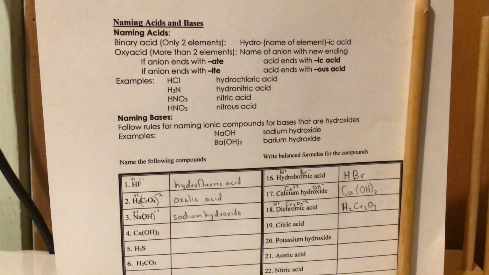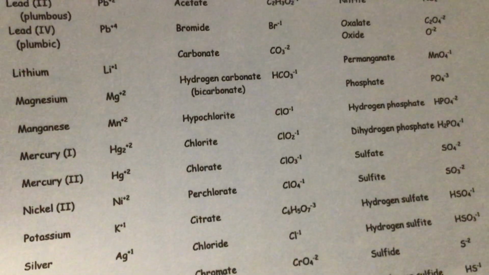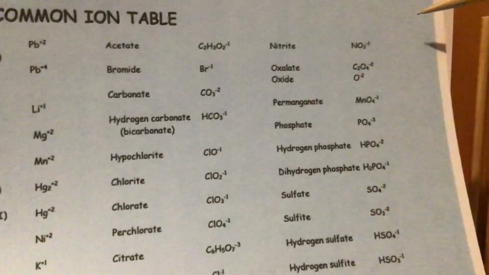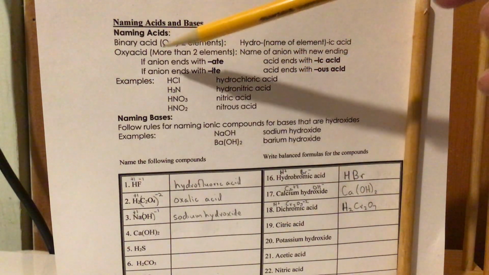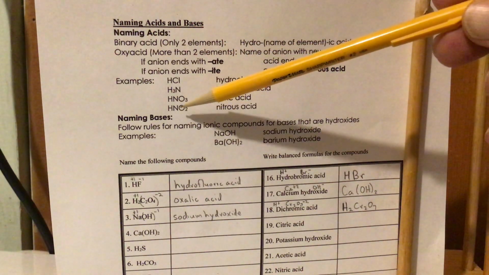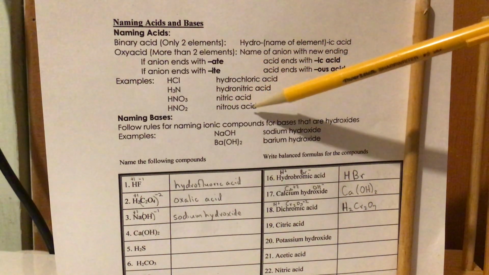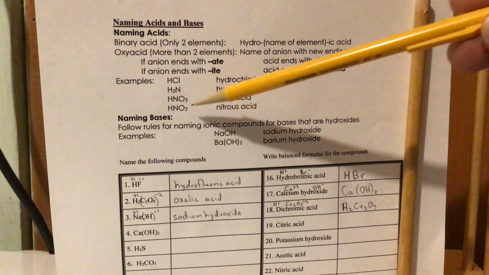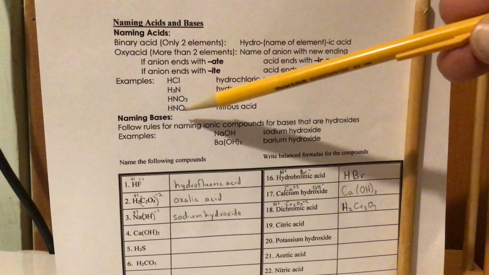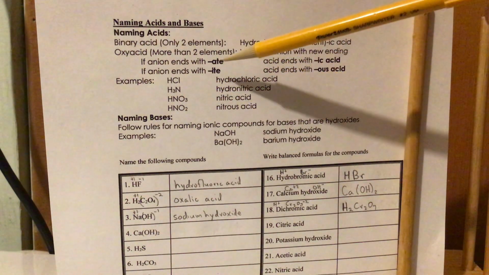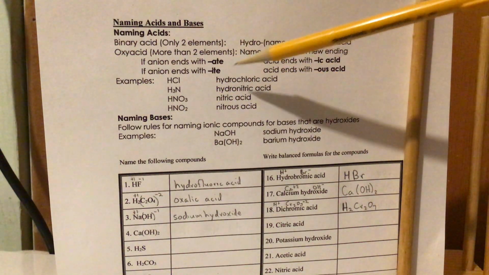And then if I look at HNO2, that comes from the nitrite ion way up here. And notice it's still an oxyacid, no hydro, but it ends in ite, so it becomes nitrous acid. If you have more oxygens, you get the ic, less oxygens, you get the ous. Just like more oxygens, you get the ate, less you get the ite.